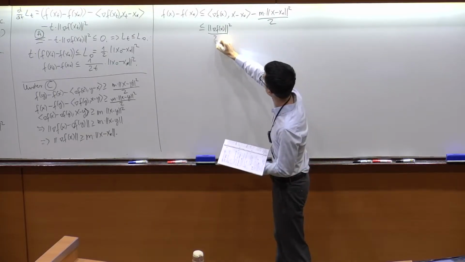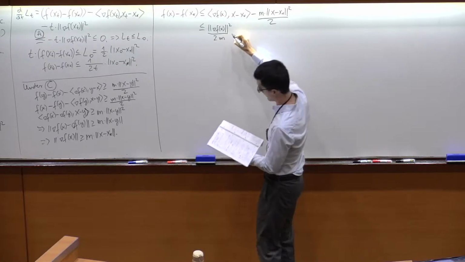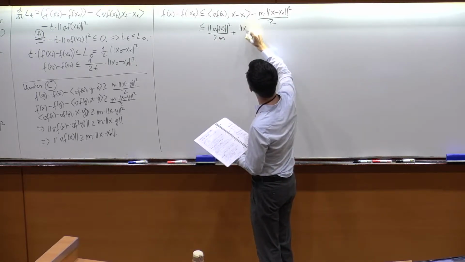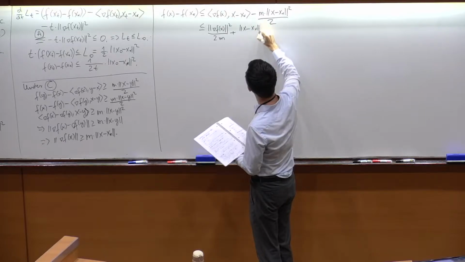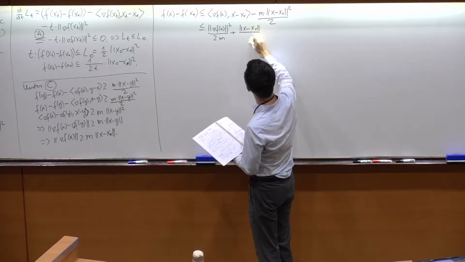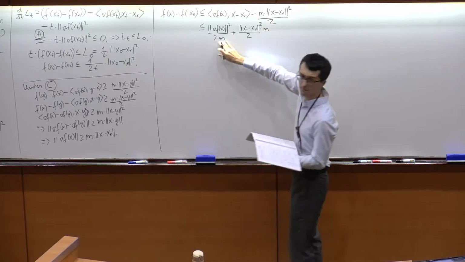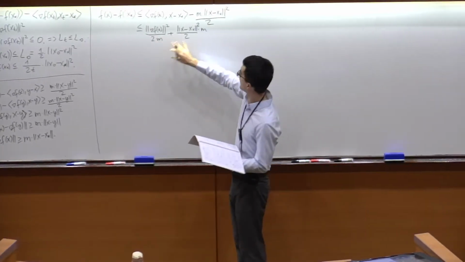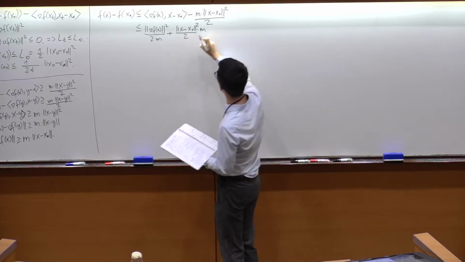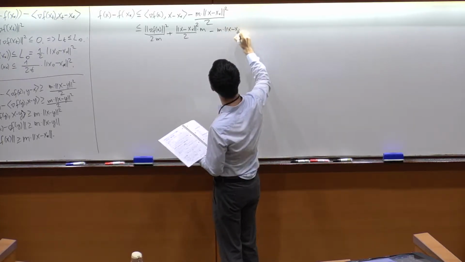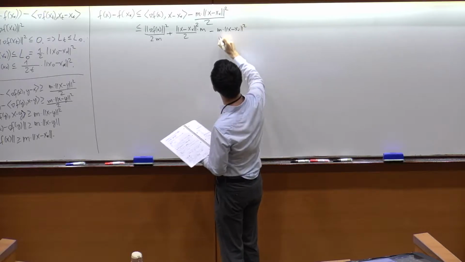So here I write 2m, and then here ‖x − x star‖² over 2 times m. So this m is here and here. And then you have minus m times ‖x − x star‖² over 2.